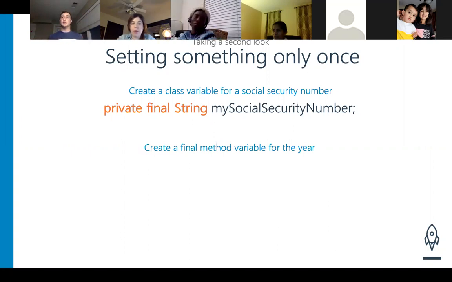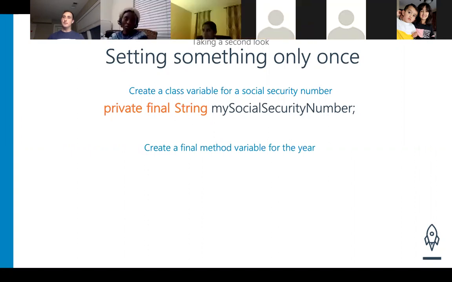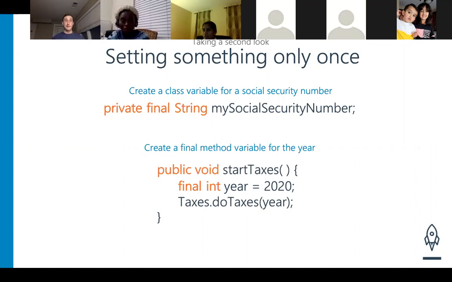Can't we start with final, since final is an accessor? You would actually start with final. Final is more of a modifier to that variable. It's basically a keyword that says this thing is never going to change. And then we say what our variable is. In this case, it's final int year = 2020. Furthermore, I said it's a method variable, so this would be wrapped in a method. This is how it would look inside of a method.